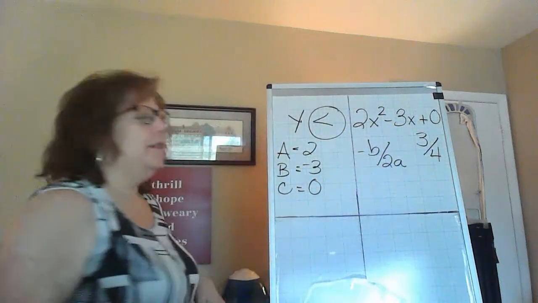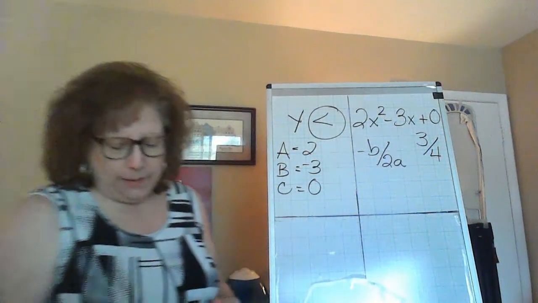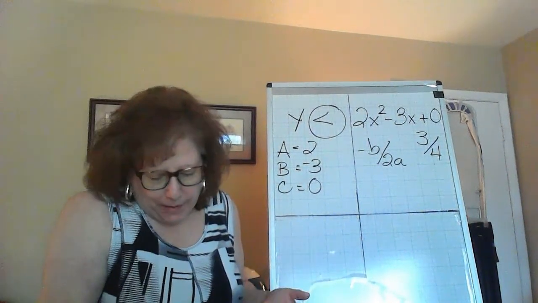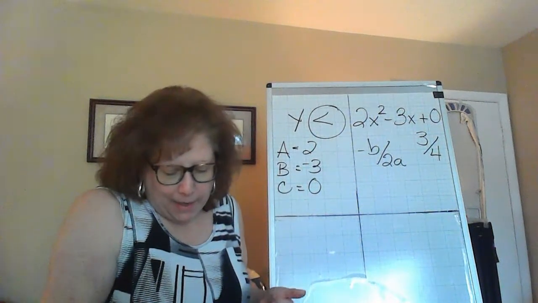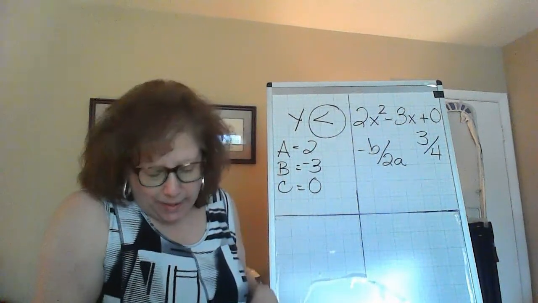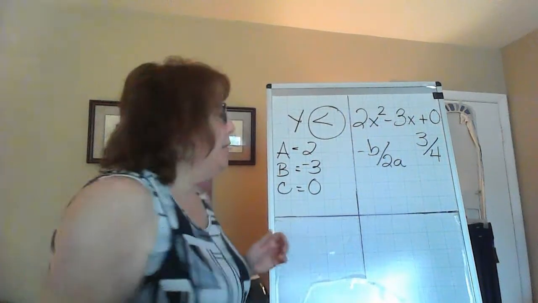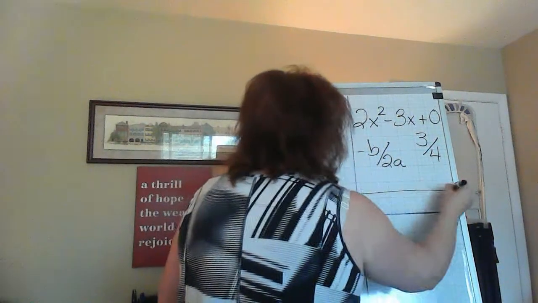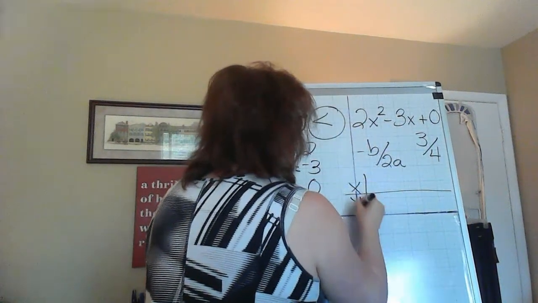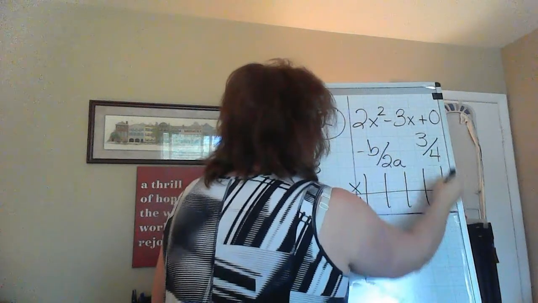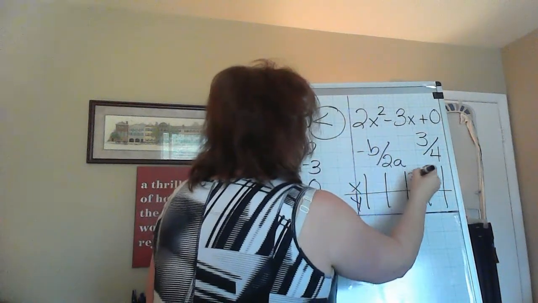I've got another fractional piece, so that's going to be a little bit complicated. But it already tells us that the vertex is about 3/4. Then we would go through this part. And I'm going to put my 3/4 right here.